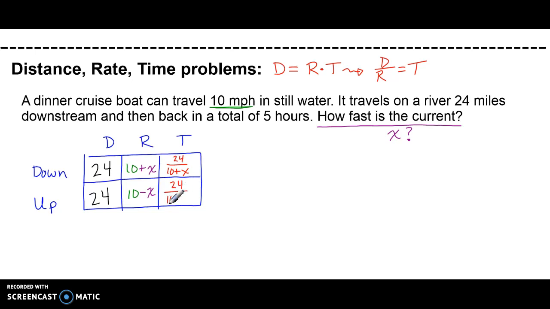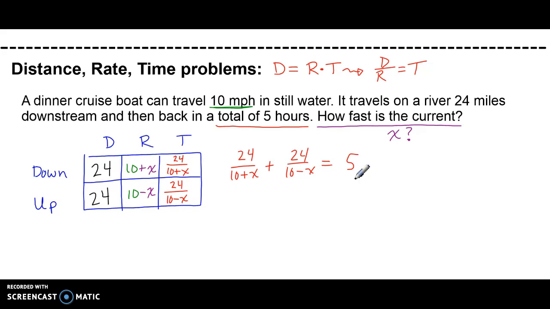And 24 over 10 minus x, that's the length of time to go upstream. And since it's a total of 5 hours, those two times have to add up to 5 hours.